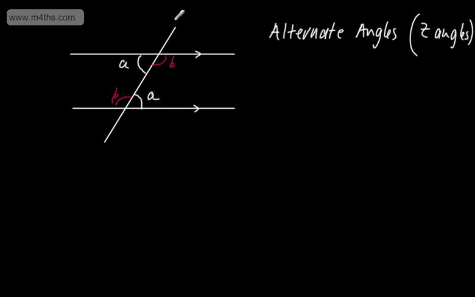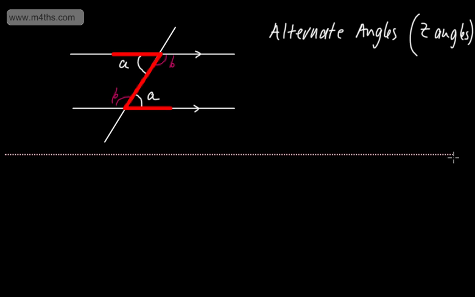So if you're slightly unsure of why that's the case, let's just go ahead, and I'm going to draw now. If we look at this here, the reason they're called Z is because we have now this part right here. If you want to think about that as a backward Z, you're more than welcome to do so. So those ones are alternate angles. Alternate angles are equal.